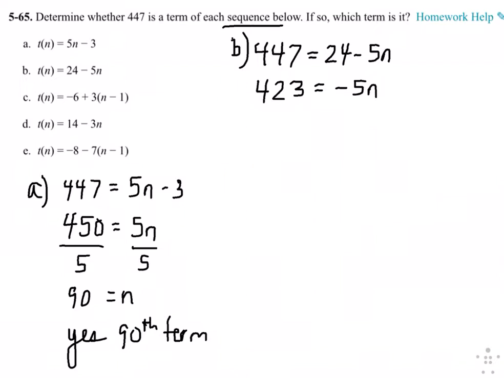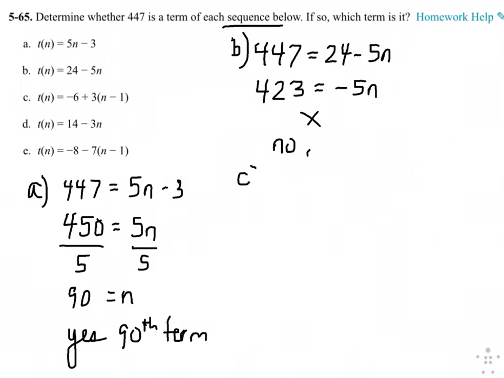And two things. One, I'll get a negative number, and two, it's not divisible by 5. So we would say no, 447 is not going to be a term in that sequence.